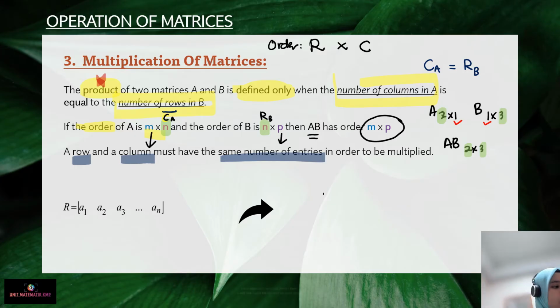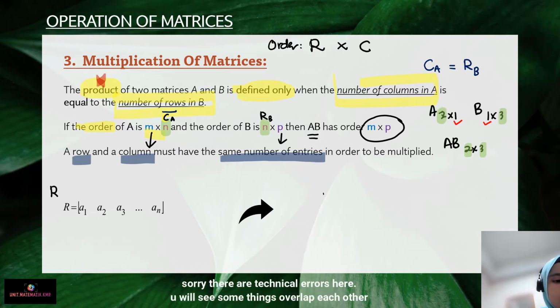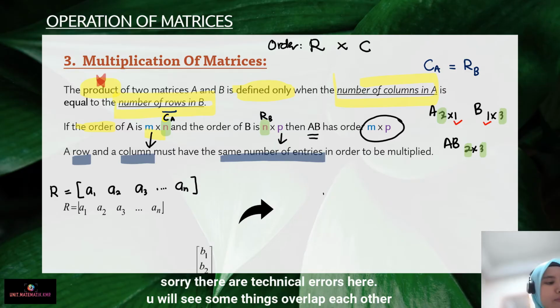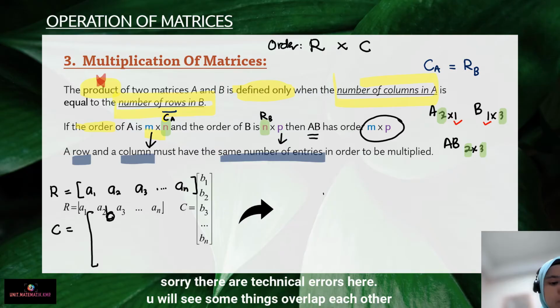For example, you have matrix R with A1, A2, A3, up to An. And then you have matrix C, our column matrix: B1, B2, B3, and Bn.